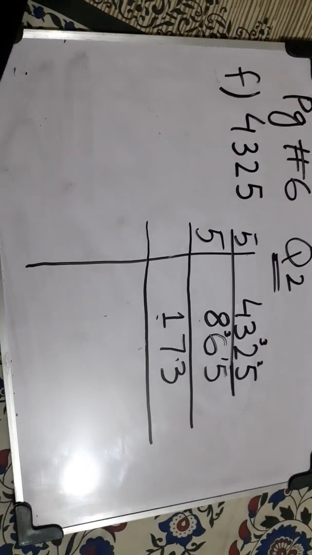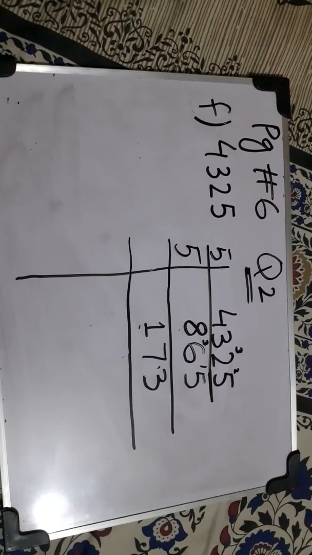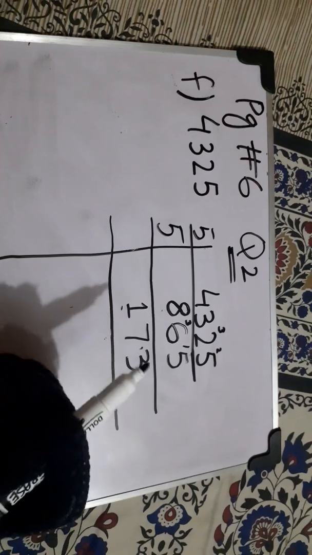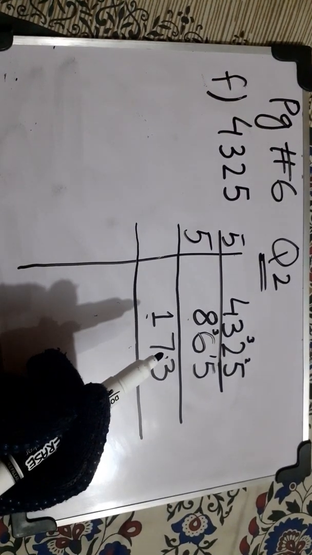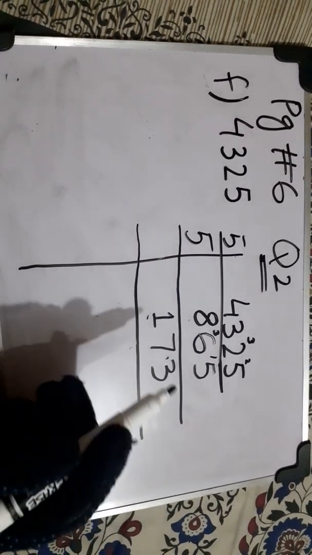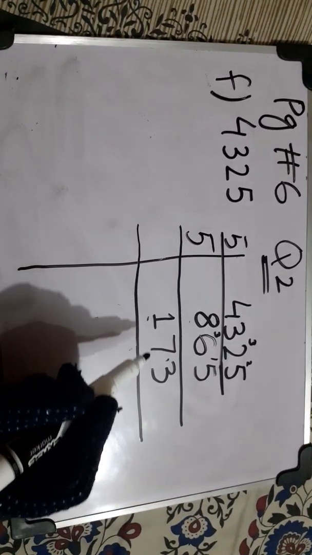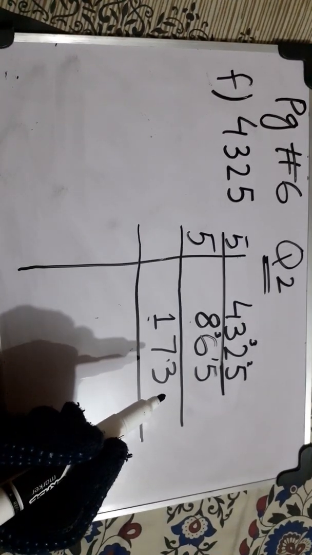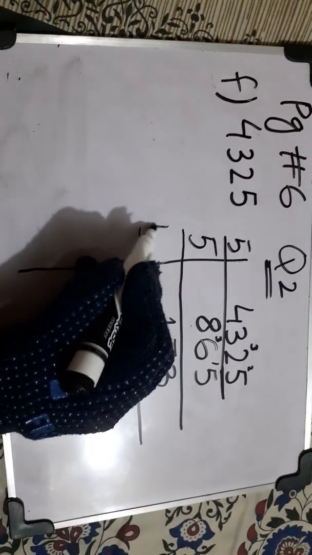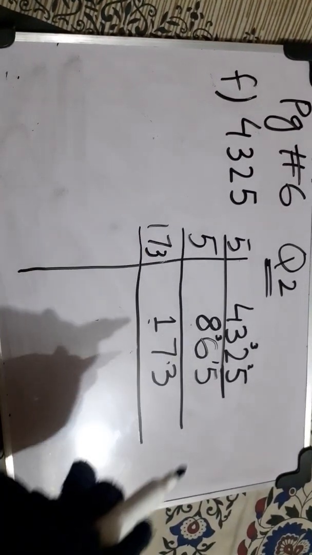And in the table of 5, only those numbers come whose end is 0 or 5. Okay, now remember one thing, the list that I sent you in yesterday's homework, prime numbers till 200. Remember 173 was in that list, which means 173 is a prime number. 173 is a prime number, so 173 comes in its own table only.